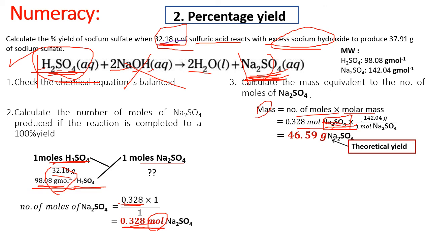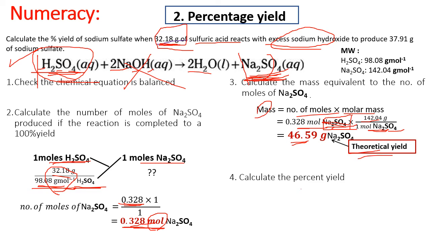So you need to calculate it: 2 times the atomic mass of the sodium plus the sulfur plus 4 times 16 for the oxygen, which will give you 142.04 grams per mole. So now I will do the number of moles calculated, 0.328, multiplied by 142.04. I will get 46.59 grams, and this would be my theoretical yield.